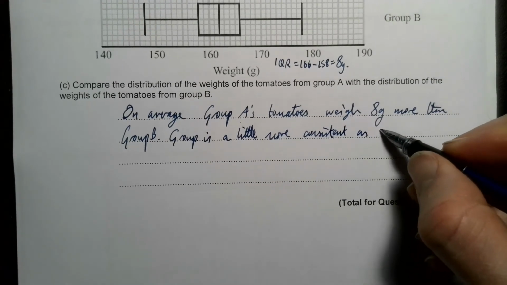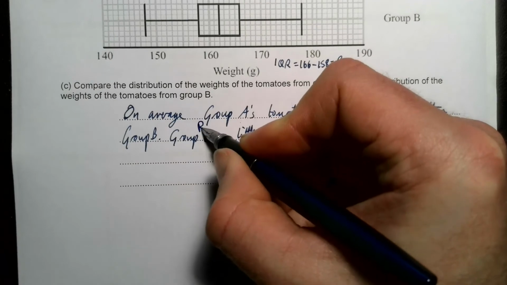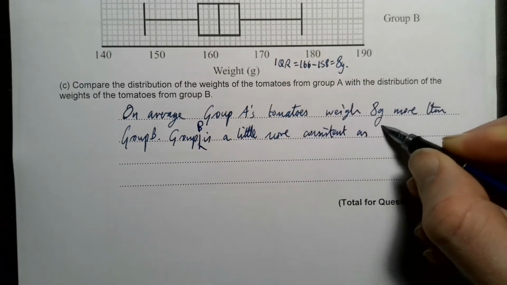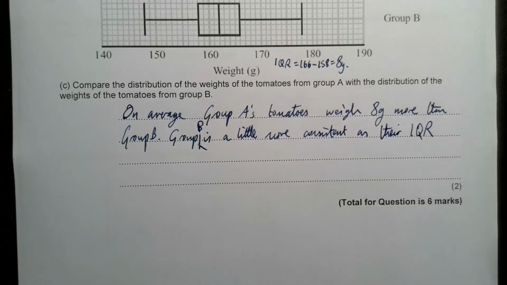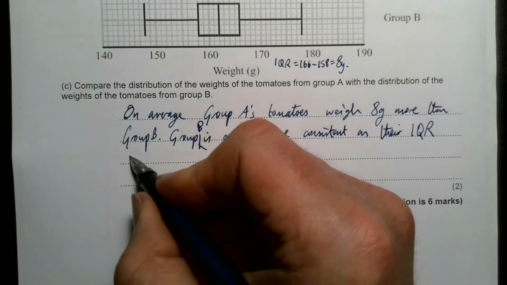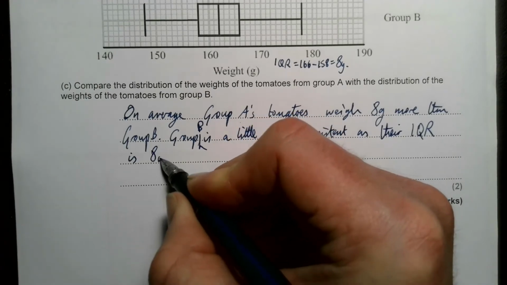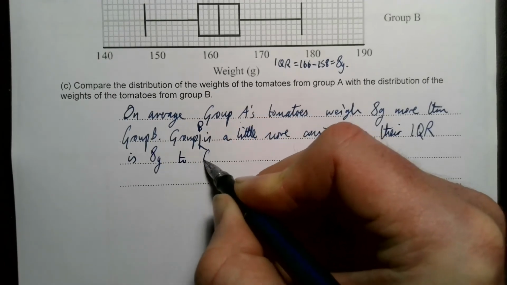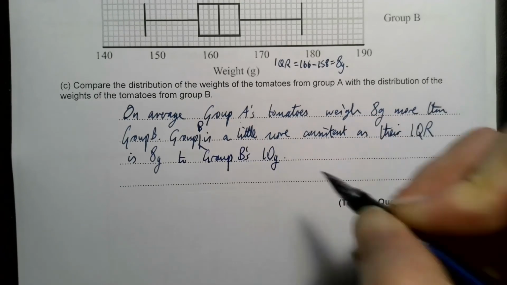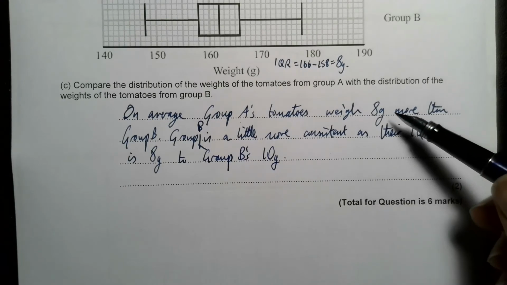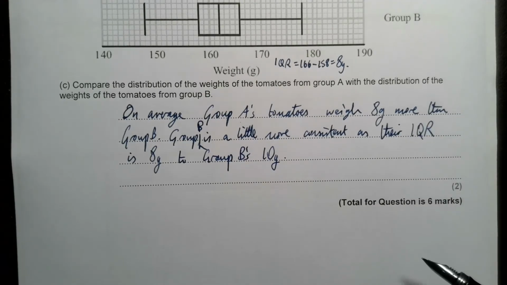As group B's interquartile range, you're allowed to shorten that to IQR, is 8 grams to group A's 10 grams. So I've shown I know what the difference is in terms of both the interquartile range and the average and the median, which is what it's all about.